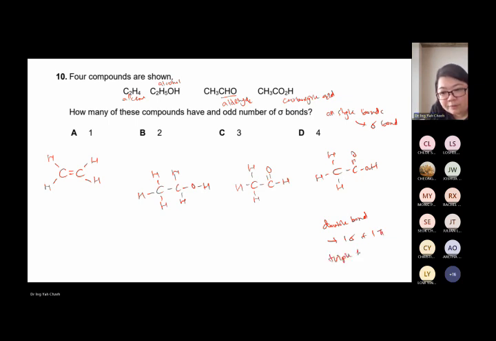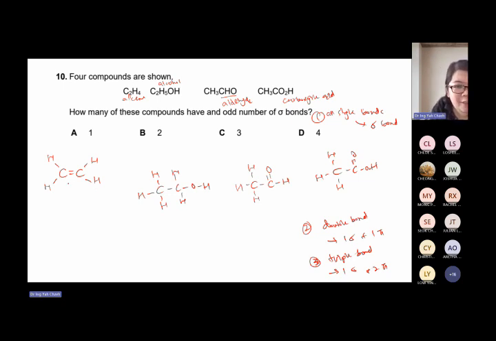A triple bond is 1 sigma bond and 2 pi bonds. Knowing these three concepts, you'll be able to find the number of sigma bonds in all these compounds. All single bonds are sigma bonds. If you see a double bond, that means there's 1 sigma and 1 pi. A triple bond will be 1 sigma bond and 2 pi bonds.